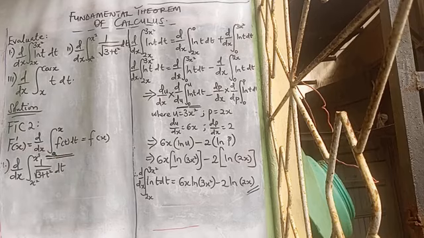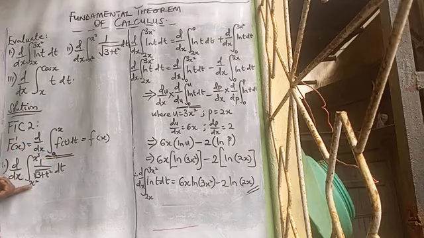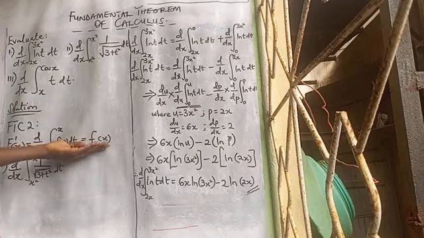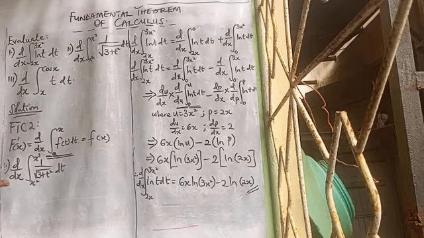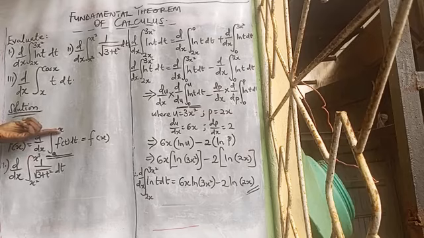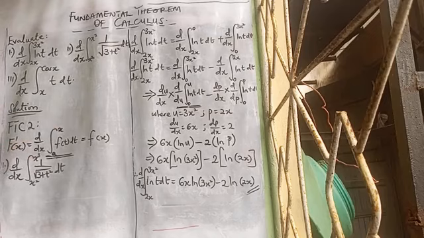Again, our a, the lower limit, is supposed to be a constant for us to make use of FTC2, the second version of the fundamental theorem of calculus. And our upper limit should be a variable x, not a function of x.